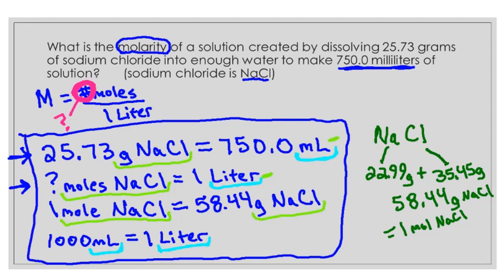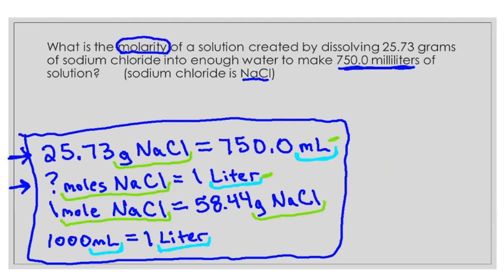And we can go ahead and set this up and solve using dimensional analysis. So we start with the question mark statement, which is how many moles of sodium chloride equals 1 liter. So we have 1 liter over 1, and then times and a fraction bar. And then we want to put this liter unit of measurement on the bottom.